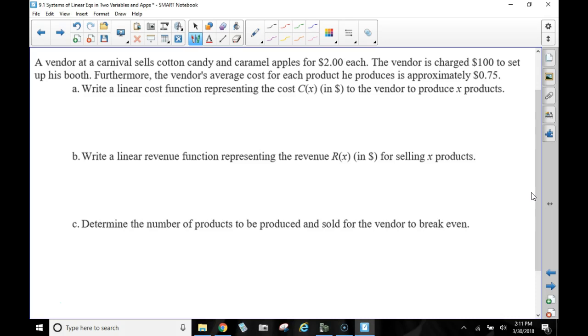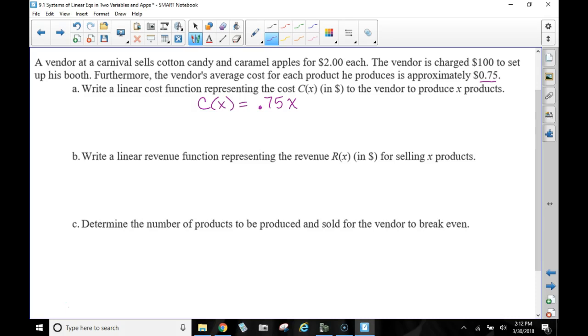the cost, C of X in dollars, to the vendor to produce X products and also to set up his booth. So, his cost function, C of X, it's going to cost him 75 cents per product. So 0.75, that's the unit cost, times the number of products sold.